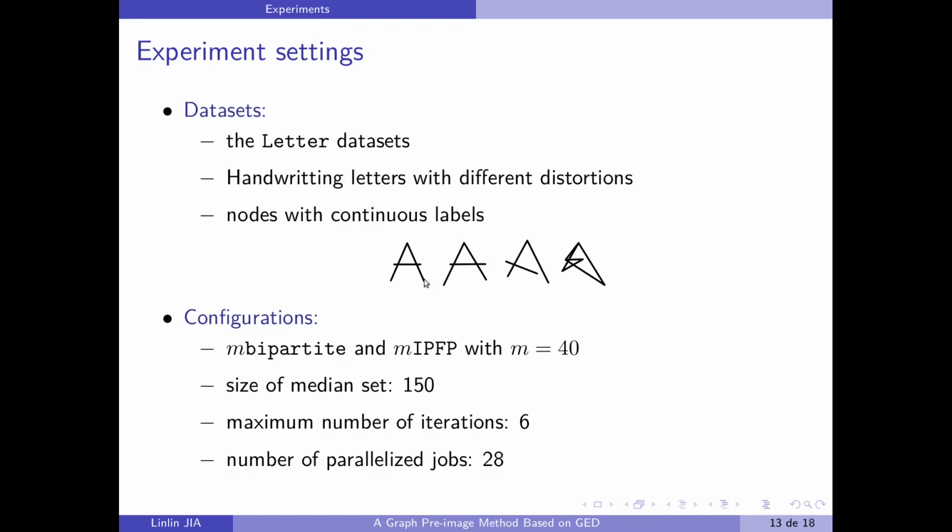We use bipartite and IPFP heuristics to compute the GED, where the M represents a multi-start counterpart of the heuristics, and M is equal to 40. The size of the median set is set to 150. The number of parallelized jobs is set to 28.